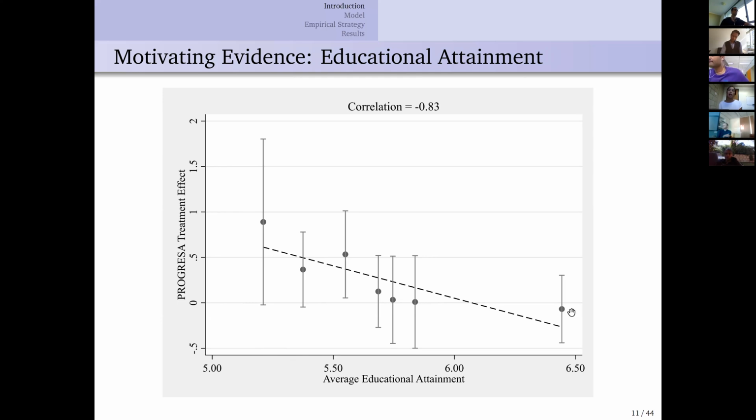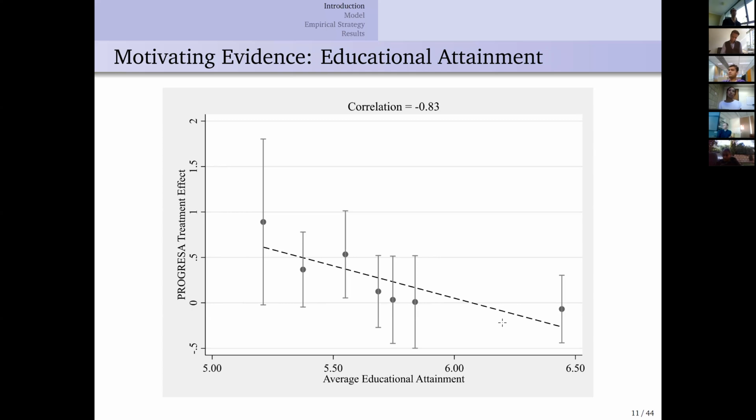Maybe it's the case that it's harder to move educational decisions in areas where kids are already getting a high level of education, states down here. And so this could matter, and this might be what's driving that manufacturing relationship. So we're going to pay close attention to years of schooling.